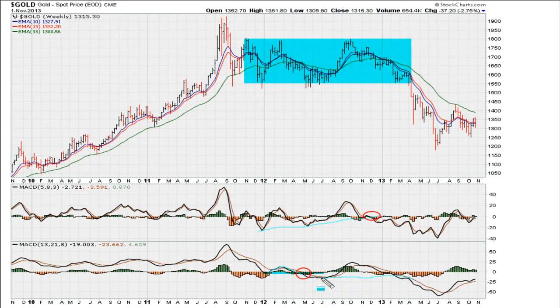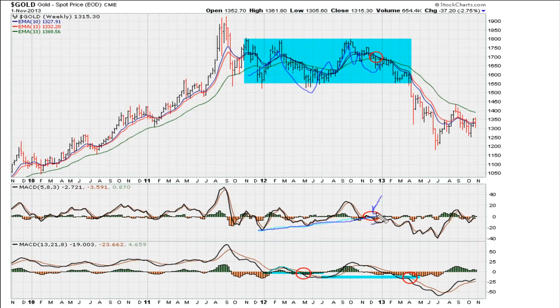So another break of this MACD low was another sell signal. By the time we get into this general area, even though it was trading in this range, you can see the MACD was already telling us momentum was starting to break to the downside.